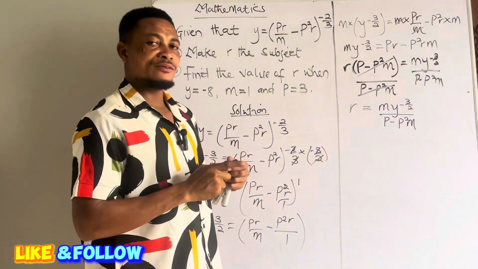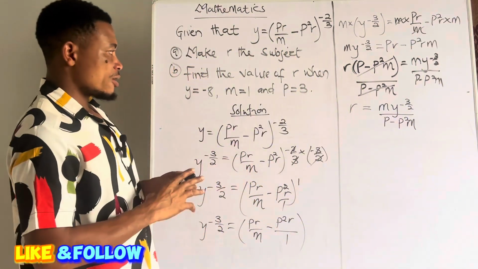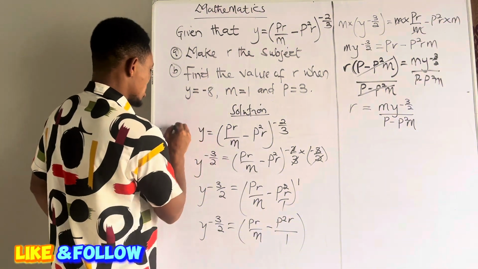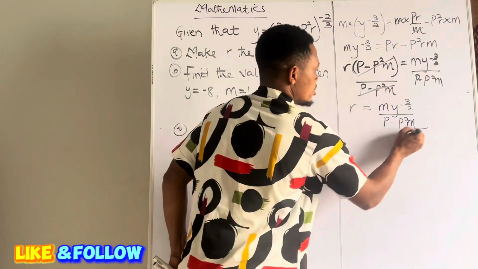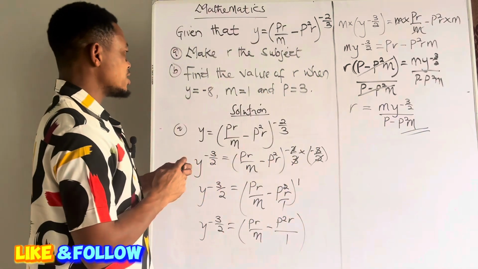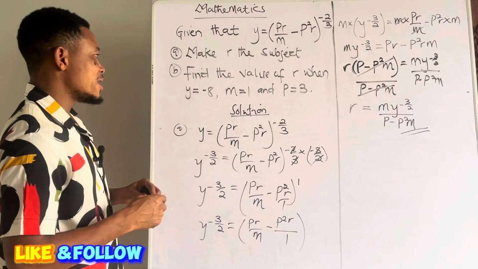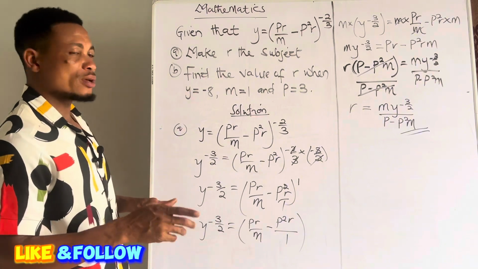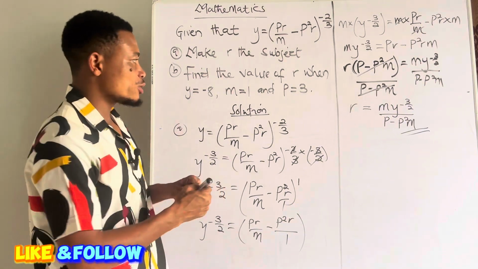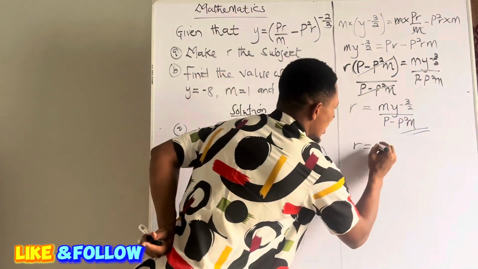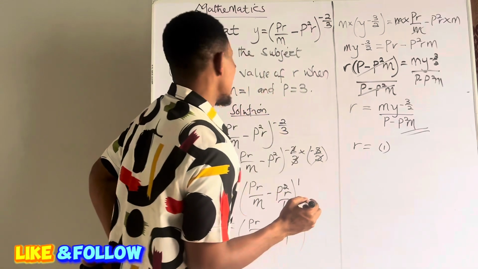Now we are done with the first part of the question, which is the A. Now the B says we should find the value of r when y is negative 8, m is 1, and p is 3. So it's very simple, right? Let's go into that. So we have r equal to, m is 1, y is negative 8.